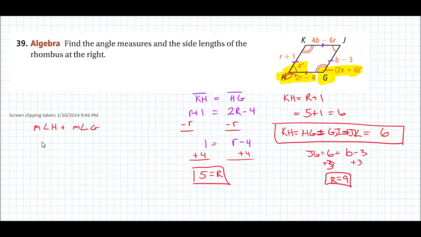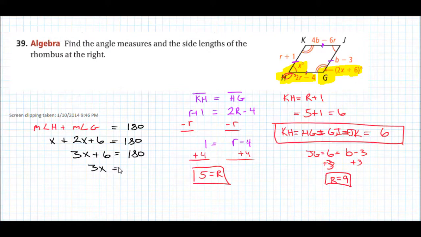So the measure of angle H is x, and the measure of angle G is 2x plus 6. Well, they have to sum to be 180. So 3x plus 6 equals 180. Subtract 6, so it would be 3x equals 180 minus 6 is 174. Divide it by 3 to get x by itself. x is going to equal 58.